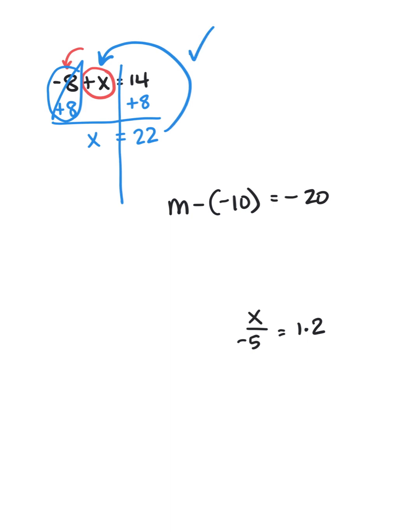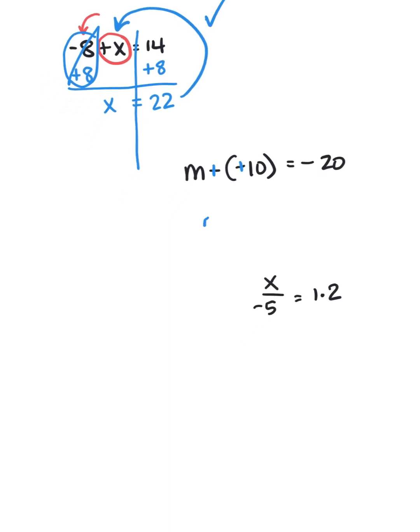For the next one, remember when we're subtracting integers, we say that we're going to add the opposite. So m minus negative 10 is the same as saying m plus 10. From here you can see we need to do the opposite, the inverse operation.